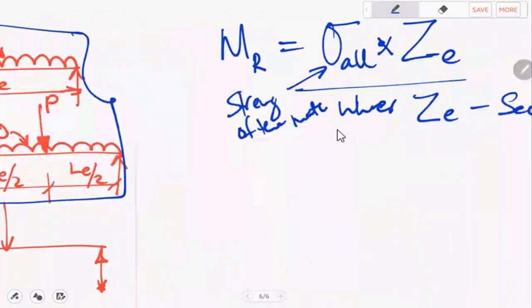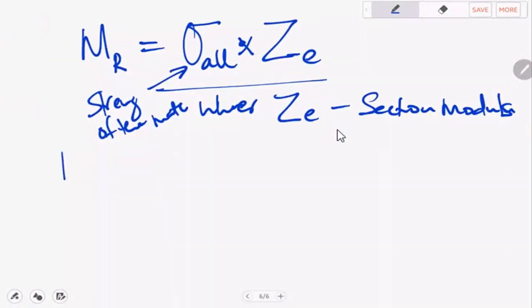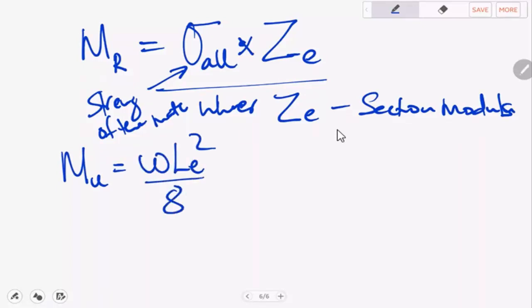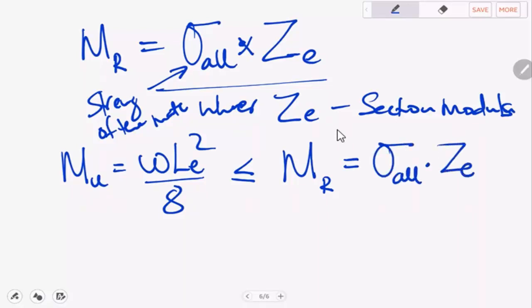So what it means is my ultimate moment, which is equal to omega L_E squared over 8, should be less than or equal to my ultimate moment of resistance, which is equal to sigma allowable multiplied by Z_E.